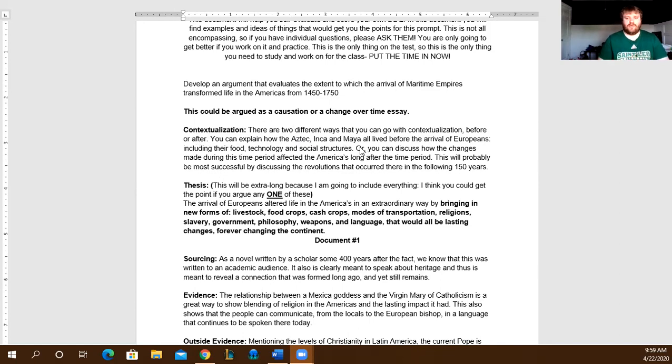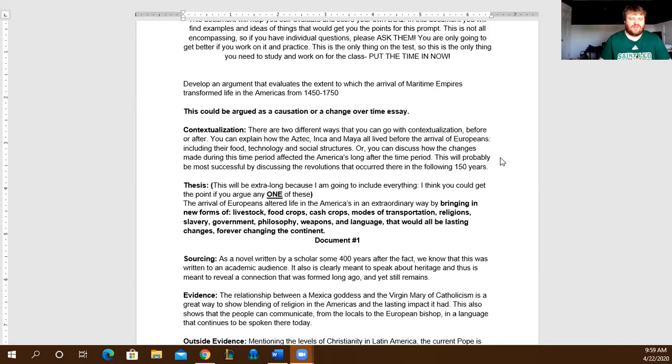Or even making the real big bridge in between and covering both, which would actually move you more towards that complexity point as well. If you can establish what life was like, how they changed it, how those changes manifested later on, that would be an extremely detailed and super well done essay if you have the time to do it, right? So all of these are just some examples.